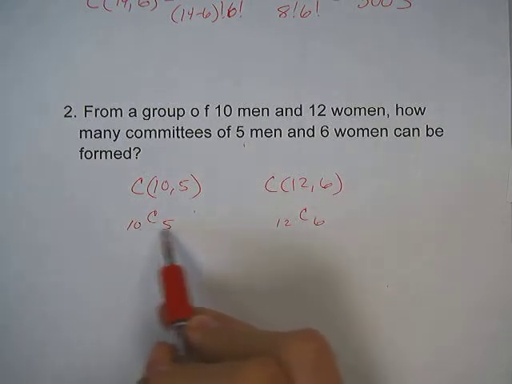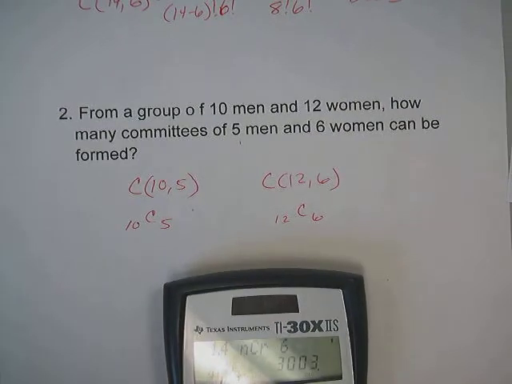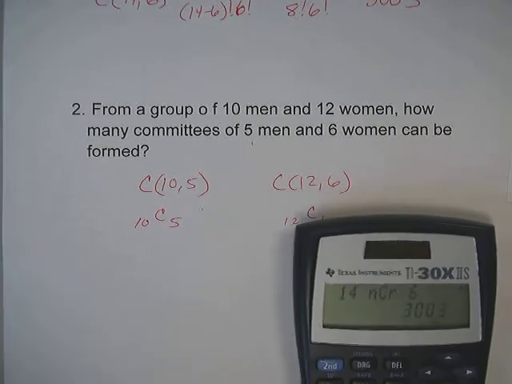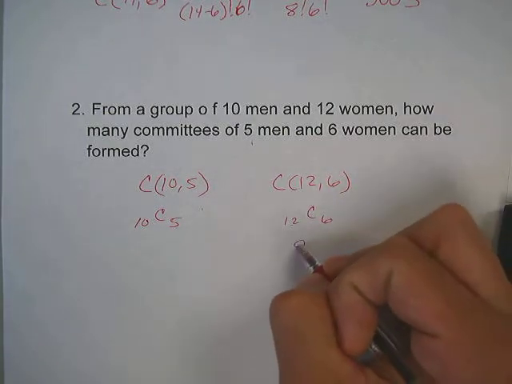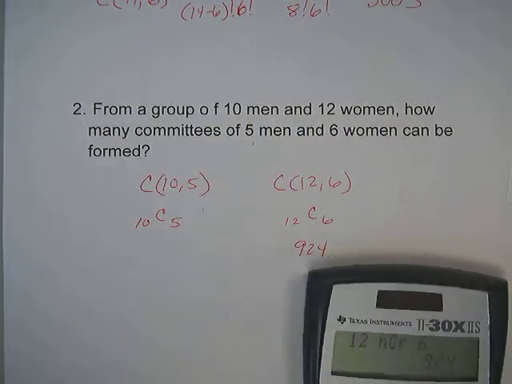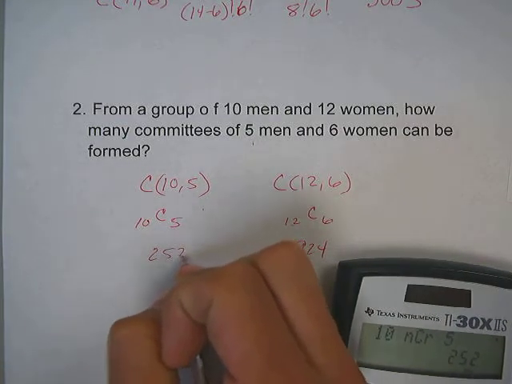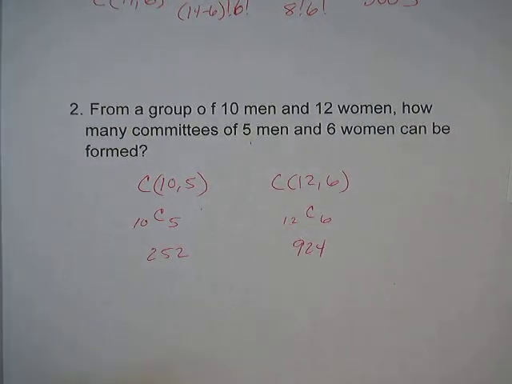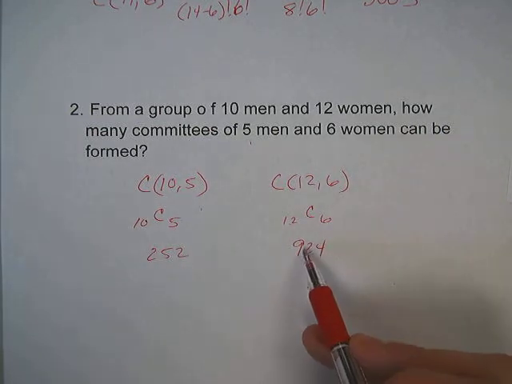By the way, another way that you could write this is 10C5 and 12C6. Notice these are subscripts here. And so how would I do that? Well, I would just take my calculator, and I would do 12C6 for the women, so 924. I would do 10C5 for the men, 252.